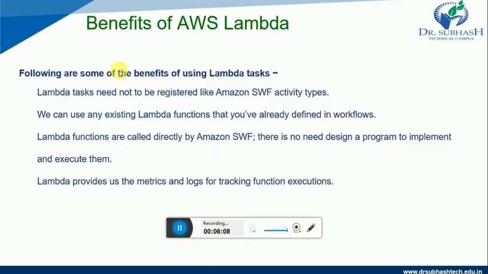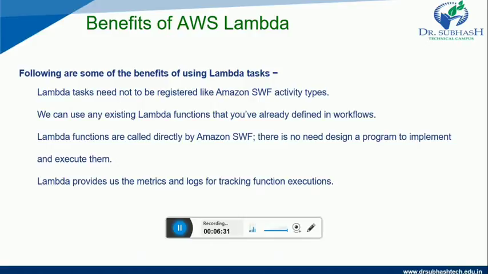Now let us see some of the benefits of AWS Lambda. First one, Lambda tasks need not be registered like Amazon SWF activity tasks. We can use any existing Lambda functions that you have already defined in workflows.